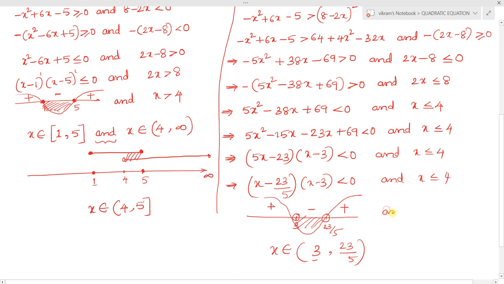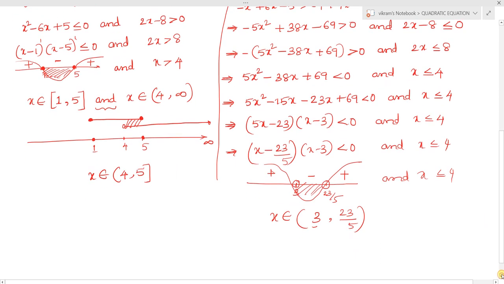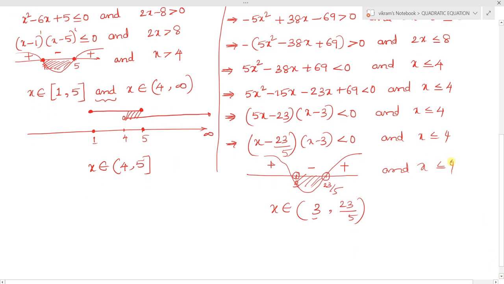And what is the other condition? x less than or equal to 4, which means x belongs to minus infinity comma 4, closed interval.